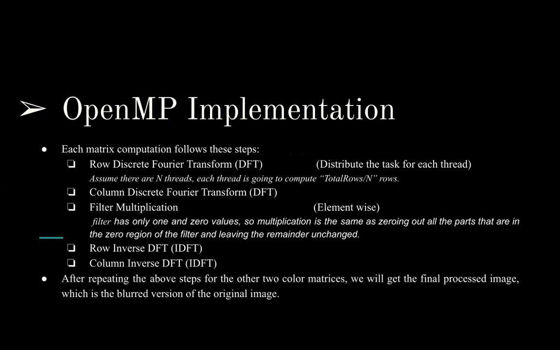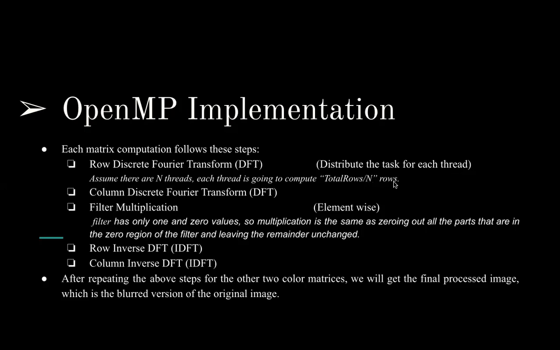First, we get the rows of the image matrix and apply a one-dimensional discrete Fourier transform for each row using the discrete Fourier transform formula. Since we have several threads for the computation, we can distribute the task for each thread. If we assume there are n threads, then each thread is going to compute total rows divided by n rows.